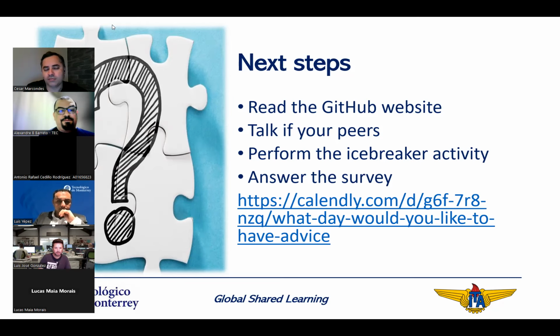There are a lot of people in Mexico that love to play guitar, piano, a lot of things. Use Slack to talk this week, not only about technical stuff, but about general things, okay? Talk with your peers, know your peers. Perform the icebreaker activity, okay?